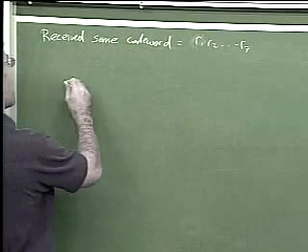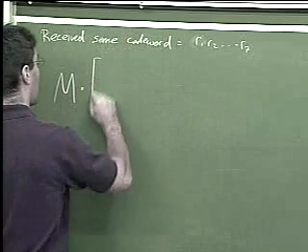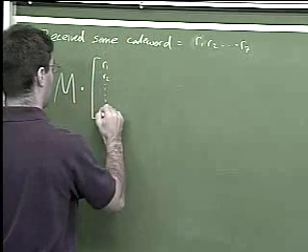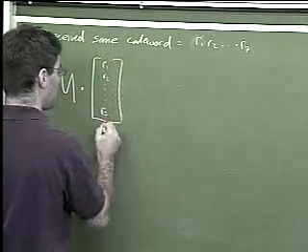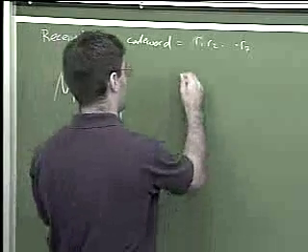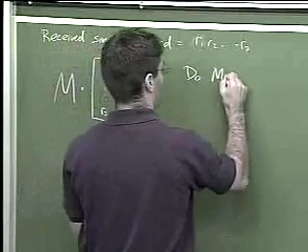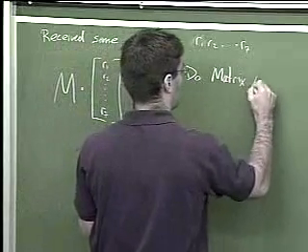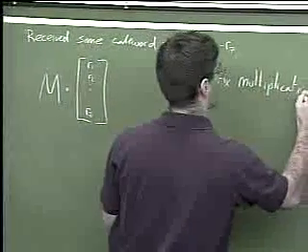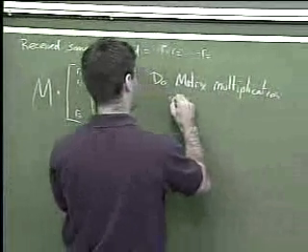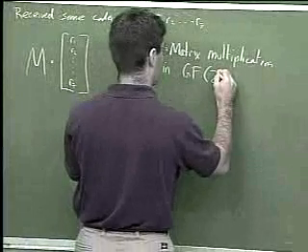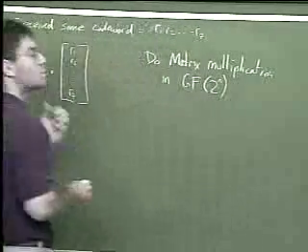I'm going to take my matrix M and multiply it by my received code word. We're going to do matrix multiplication in Galois field 2 to the n.